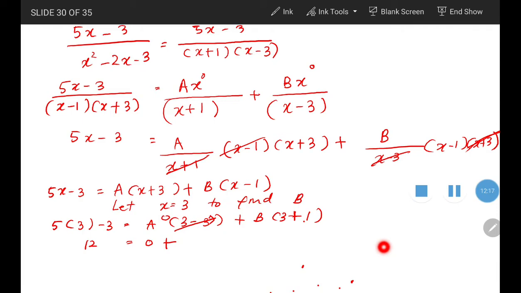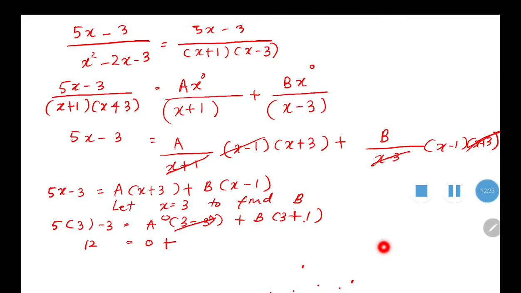So now we let here a over x plus 1 and this one is over x minus 3. Of course it is also cancelled out together.